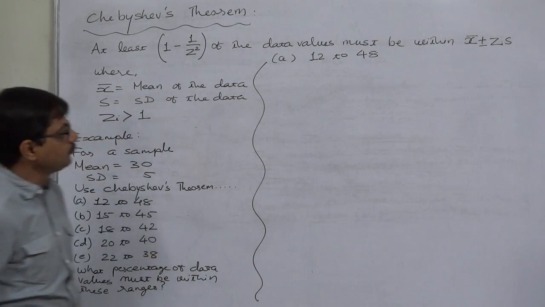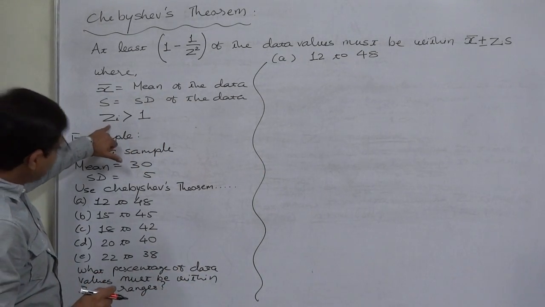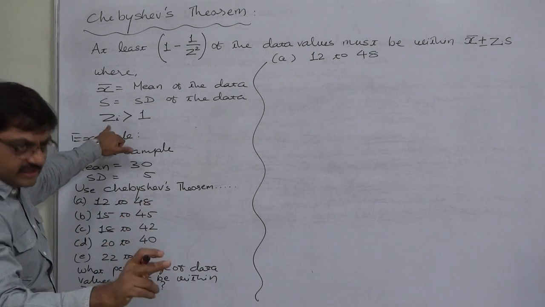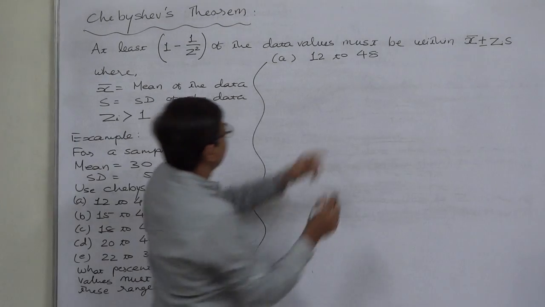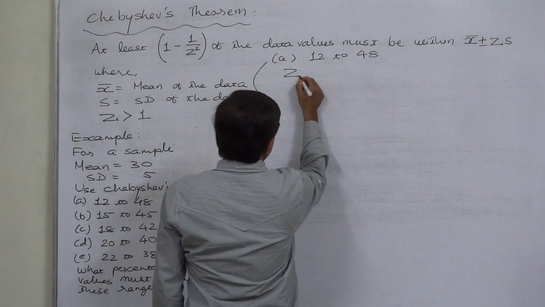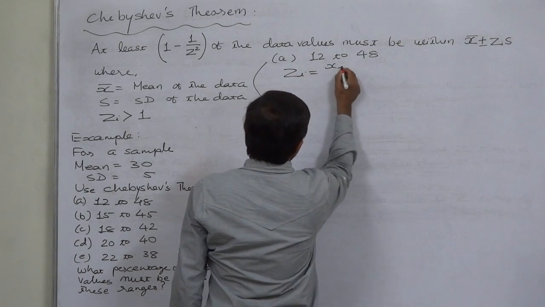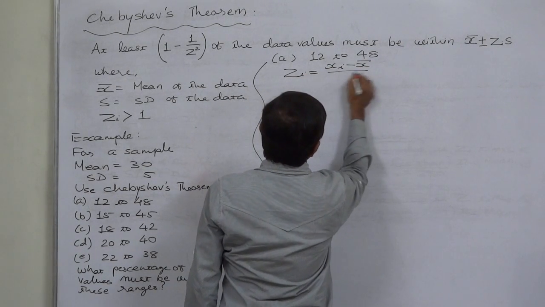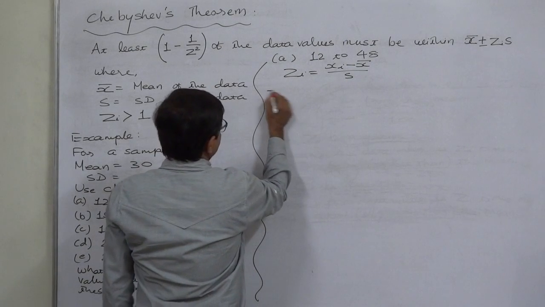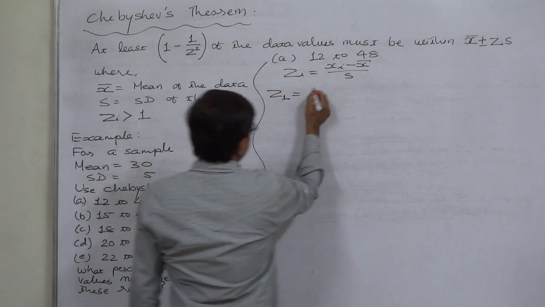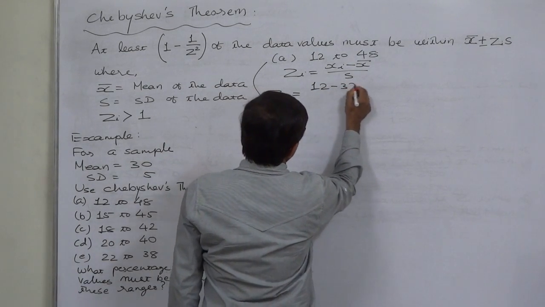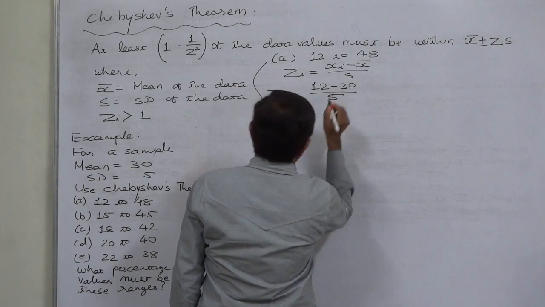First of all, we have to calculate the z value by the formula of z score for 12 and 48. We know that z equals data value minus mean divided by standard deviation. So, in this case, the first z will be 12 minus 30 divided by 5.